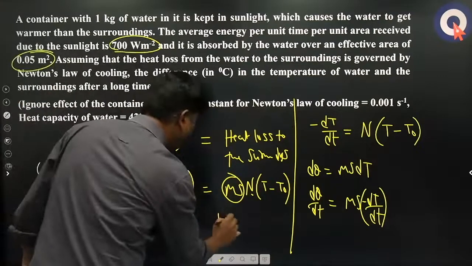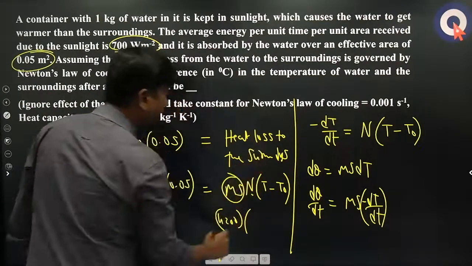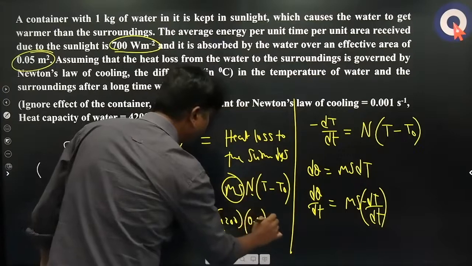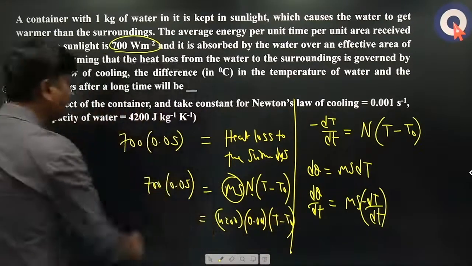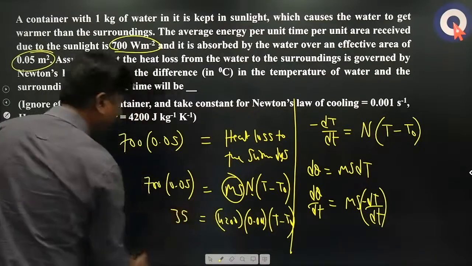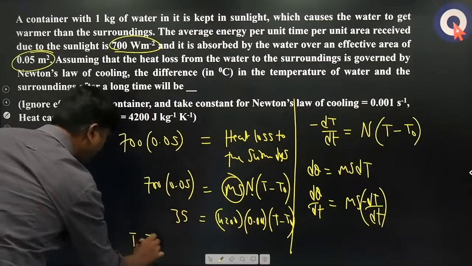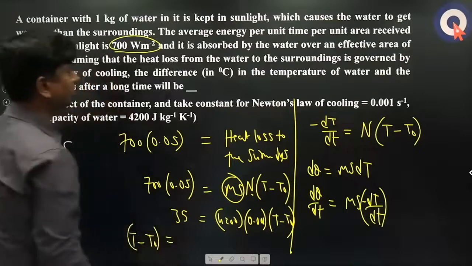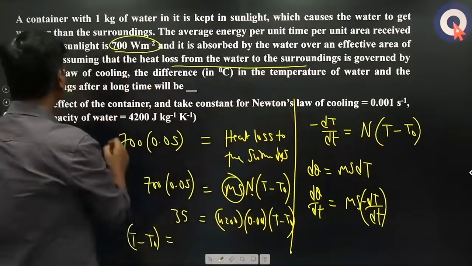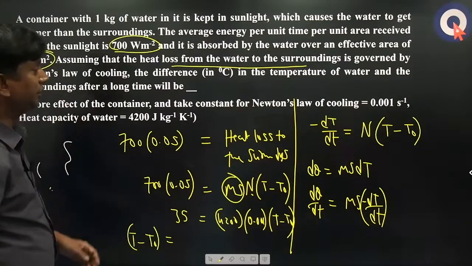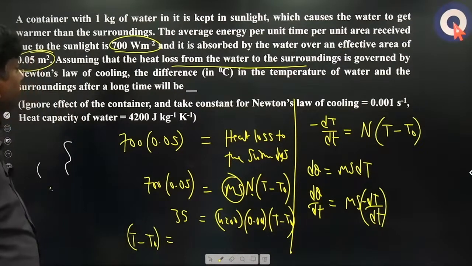So 4200 into Newton's cooling constant 0.001 into T minus T naught, that's the temperature difference. Okay, so this will be 35. So from here, what is T minus T naught? That's what they are asking, the heat loss from the water to the surroundings and the temperature difference. So how much are you going to get?